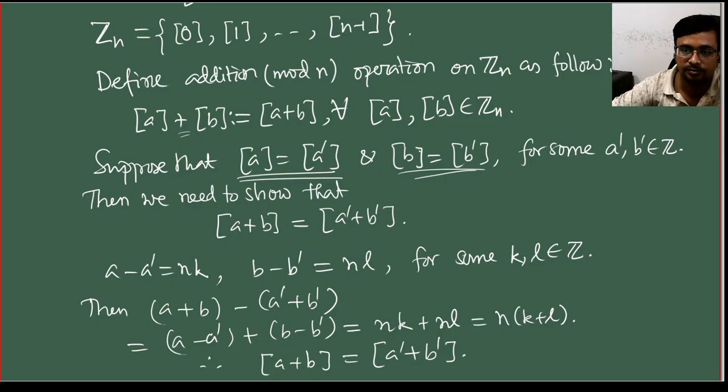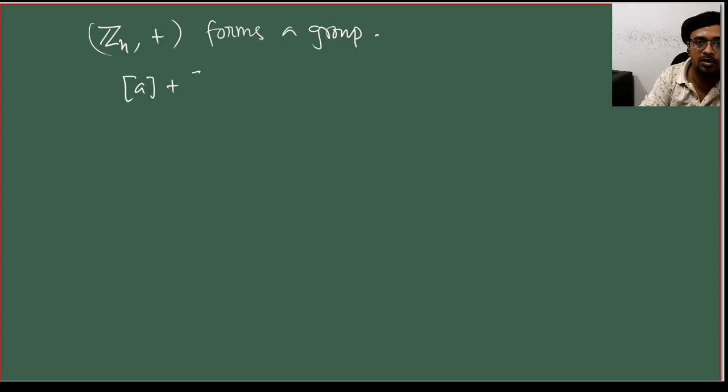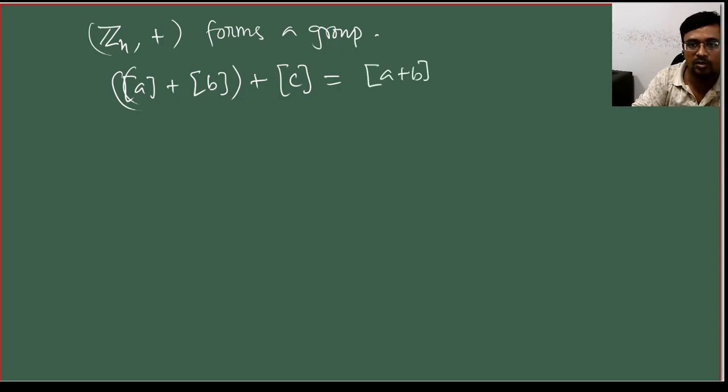Okay. Now note that with respect to this addition operation, this set Zn forms a group. So for associativity, class of a plus class of b plus class of c is equal to class of a plus b plus c, equal to class of a plus b plus c.